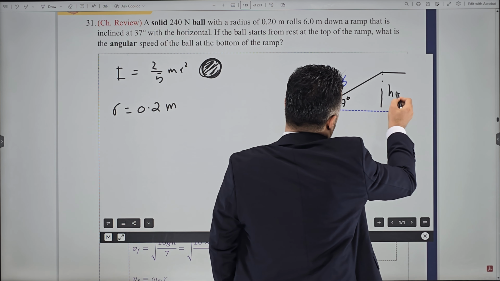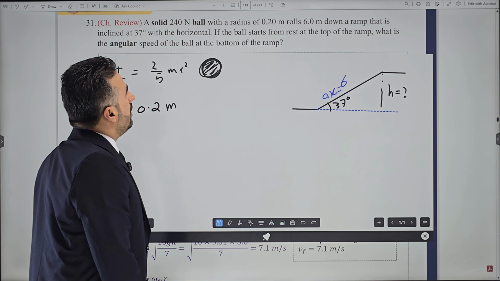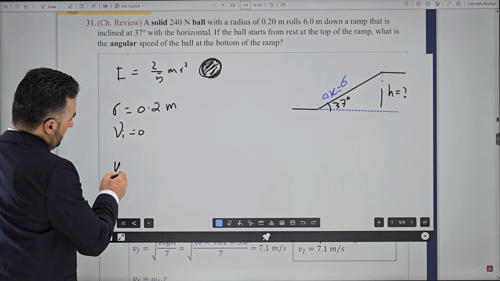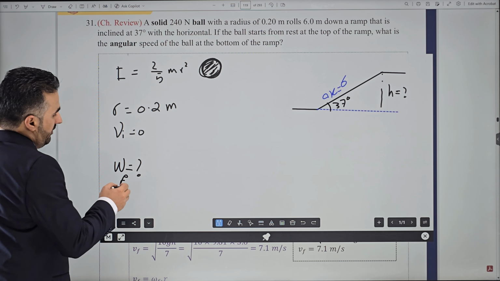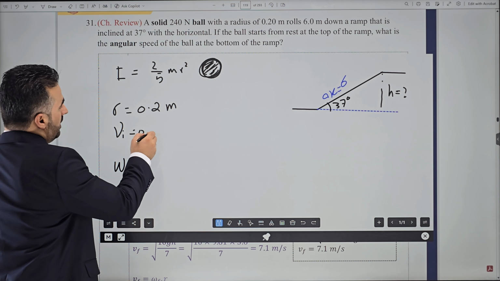This height is unknown here. Okay. Starting from rest, so V initial is 0. What is the angular speed? So angular speed is unknown here. That would be final angular speed, because if V initial is 0, that means omega initial is also 0 at this point. Of the ball at the bottom of the ramp.